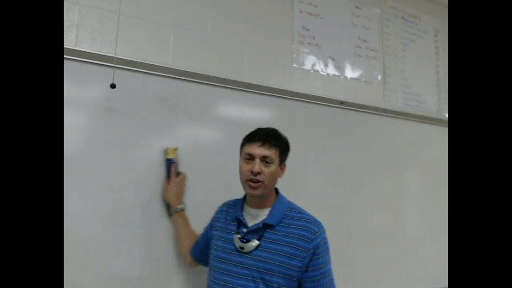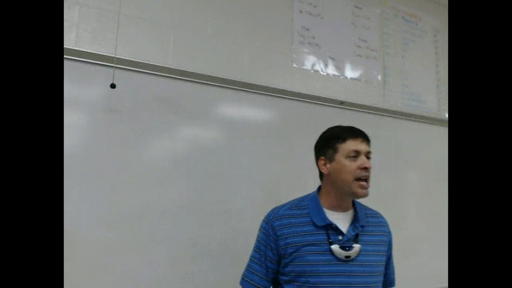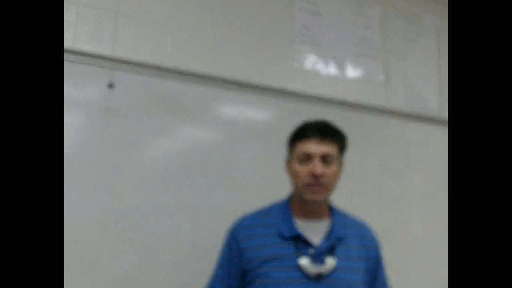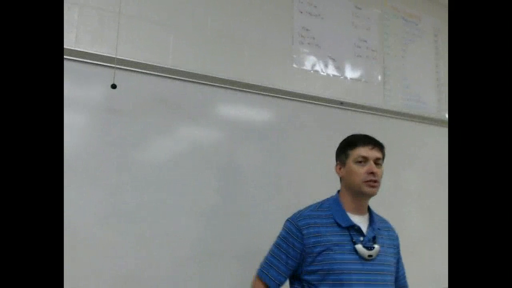For those of you who maybe had someone else as a pre-AP chemistry teacher, many teachers use oxidation number synonymously with charge, like the charge on an ion. I kind of avoid that, and now you'll see why. Oxidation number isn't necessarily the charge on an ion. It can be, but it isn't always. They're not synonymous.